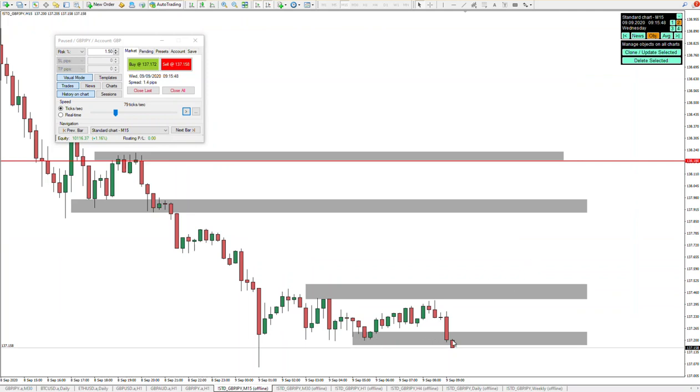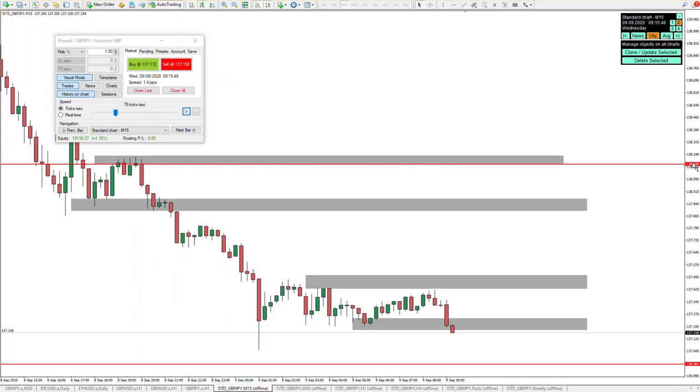Rejecting, breaking this support, this close broke below this support. So support is broken. The next candle did not really wake up.